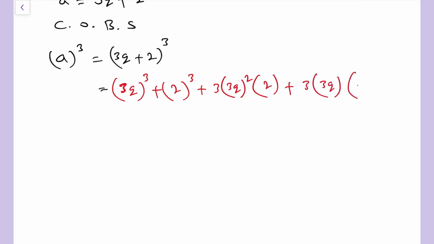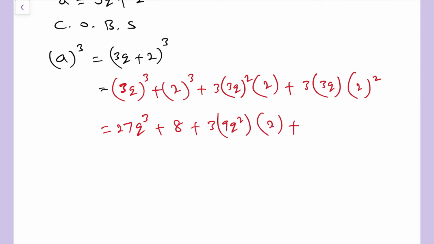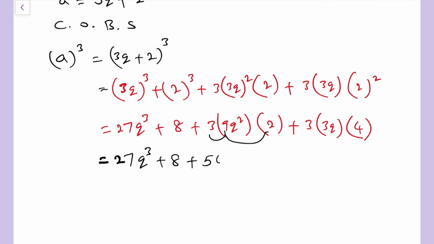into 3q into 2 square, which is equals to 3q whole cube, 3 cube is 27, q cube as it is, plus 2 cube 8 plus 3 into 3q whole square 9q square into 2 plus 3 into 3q into 2 square is 4, which is equals to 27q cube as it is plus 8 as it is plus 3 9s are 27, 27 2s are 54q square plus 3 3s are 9, 9 4s are 36q as it is.